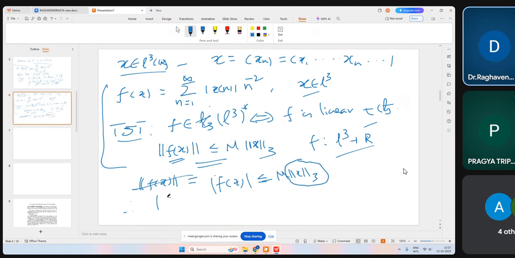You divide mod of f(x) by the norm of x3, correct? Yes or no? This will be less than or equal to M. Then this implies f is in L3 star. Is it not, Kush?